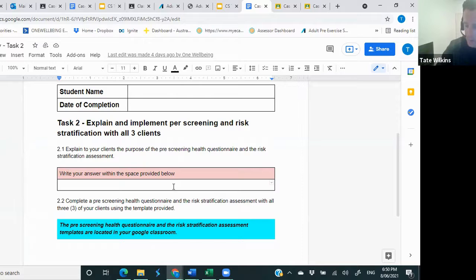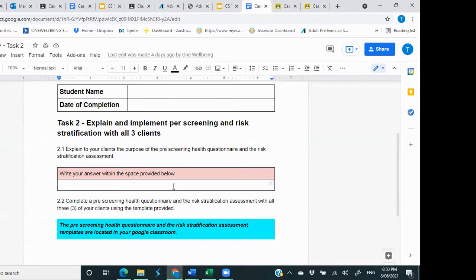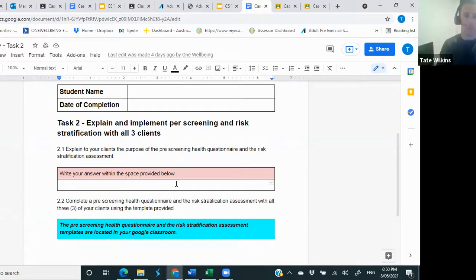Gus, why else do you think we've got a pre-screening? If they had any injuries and stuff like that, we need to get cleared, obviously, like what Braden said before. Yep. So essentially it's just to screen. So you can say screen the client for any pre-existing injuries and medical conditions.